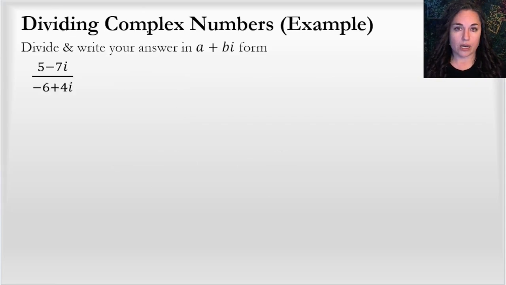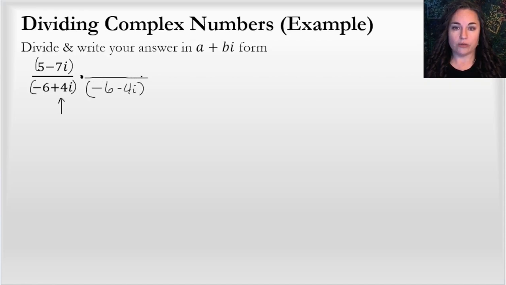Let's divide by a complex conjugate. This is where students get a little off the track still at this point, like I mentioned before. In order to get rid of a complex number in the denominator, I'm going to multiply by its complex conjugate, and that'll give me a real number in the denominator.